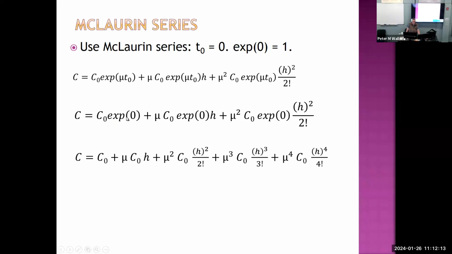So we take the exponent at 0, we get rid of it, and then we have C equals the Taylor series for this exponential equation: C0 plus mu C0 h plus mu squared C0 h squared over 2 plus mu cubed C0 h cubed over 3 factorial, and so on.